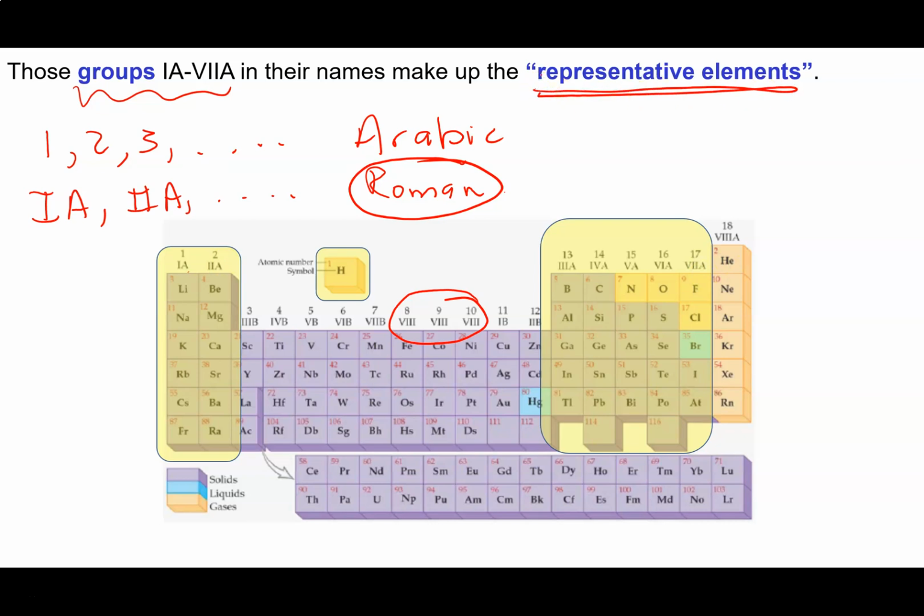They're often referred to as the representative elements, or sometimes they're called the main group elements. Same thing, right? Main group elements and representative elements. They're your A group elements, 1A through 7A.